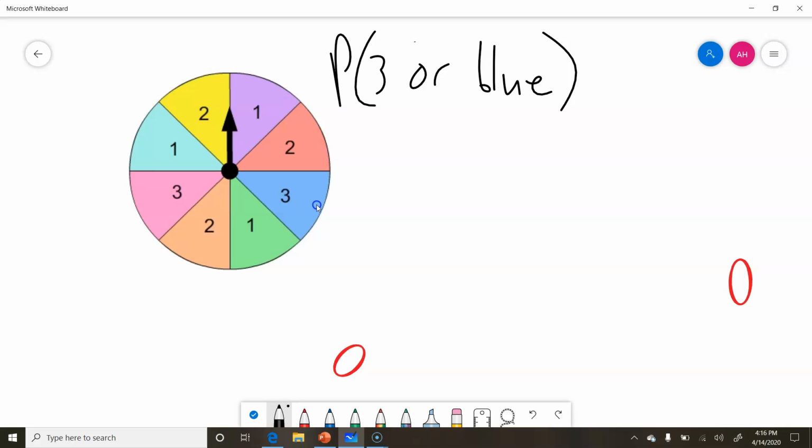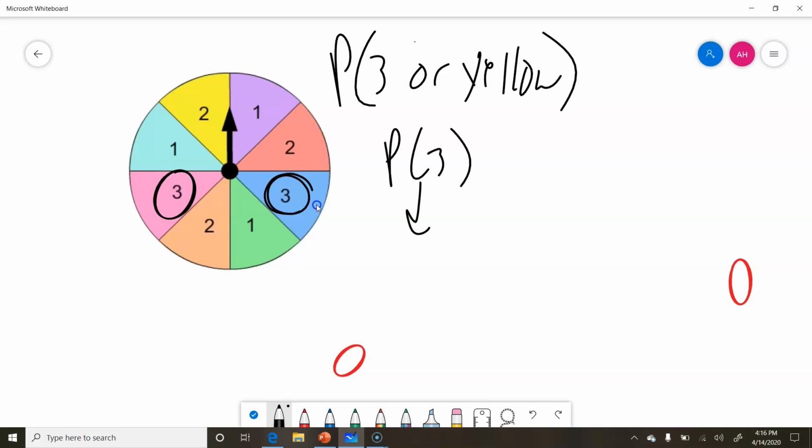I'm sorry, not 3 or blue. I wrote the wrong thing. 3 or yellow. My bad. 3 or yellow. Now, how many of them are 3? There's 2 3s, right? Because I have P of 3 first, which is 2 out of, how many do we have? 8.